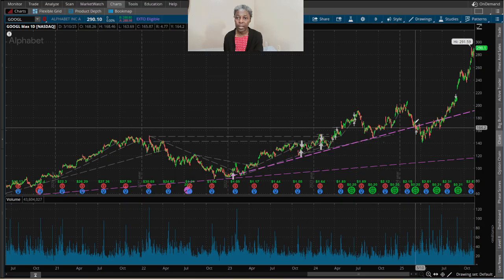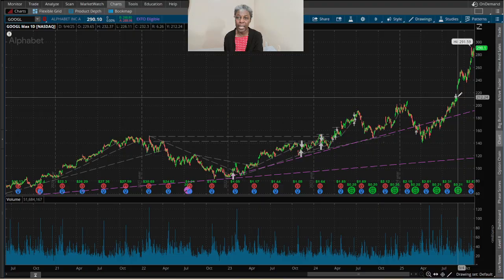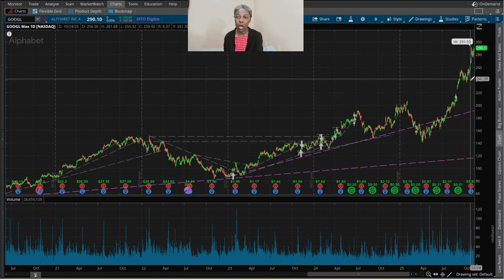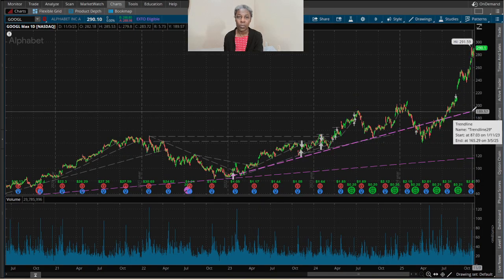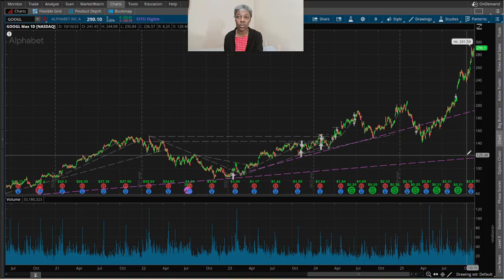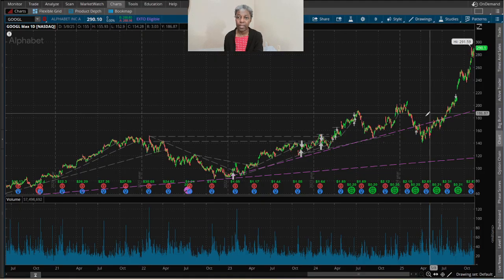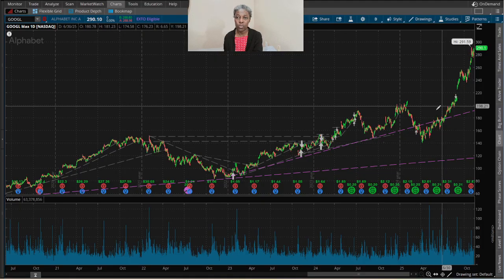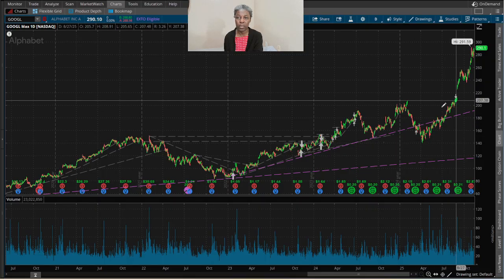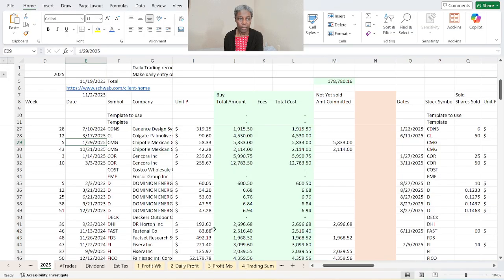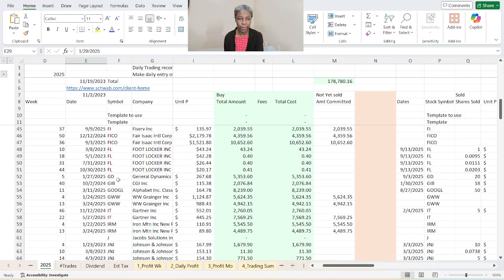We bought it around this upper line, we sold it there, and now it's going up. So we are not going to buy it until it's around those support lines again. But since we bought it this year, we can share with you the profits we earned in that one, if we can find it.